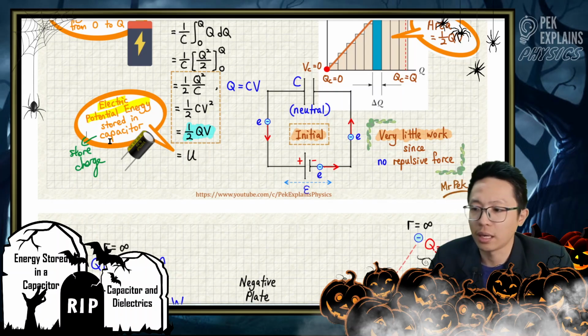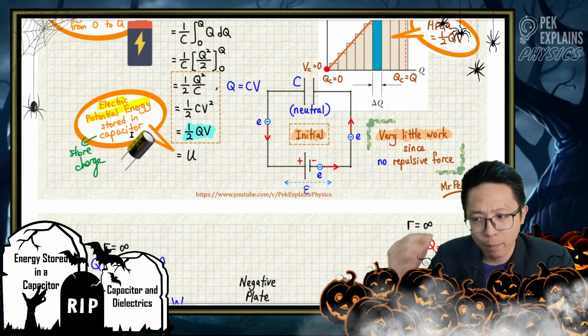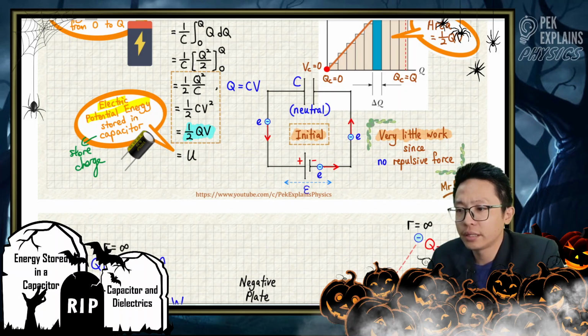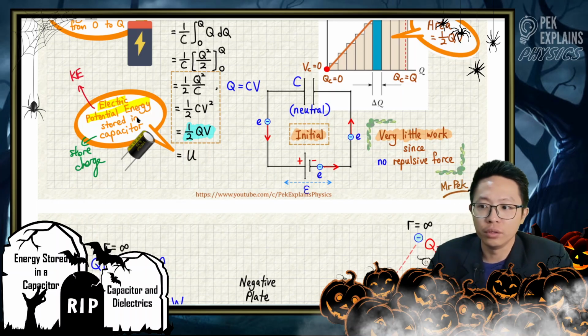Don't just always say that the capacitor stores charge. Your knowledge is just limited to that. The capacitor actually stores electric potential energy, which later on will change to kinetic energy during the discharging process. That means this electric potential energy will help the electrons flow in the external circuit to light up the LED, or whatever electrical components.